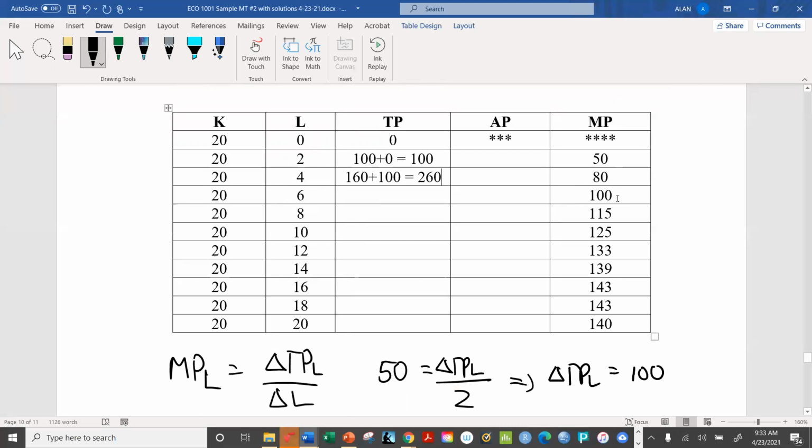For example, the next one, you see, we're adding double the marginal product to each one. So here we'll have 260 plus 200 equals 460. And then the next one, 2 times 115 is 230. Then the next one, we double 125, we get 250.